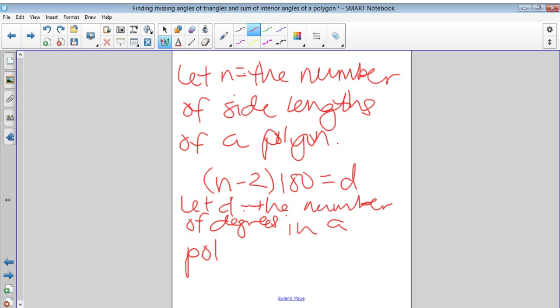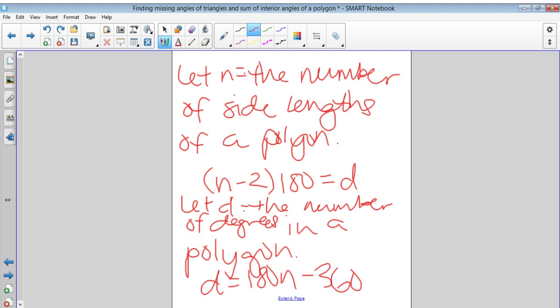Right, and so here, check this out. It's an equation in slope-intercept form. So now we know these have a linear relationship. If we were to graph it, we could distribute the 180 over the n minus 2, and we would end up with the expression d equals 180n minus 360.